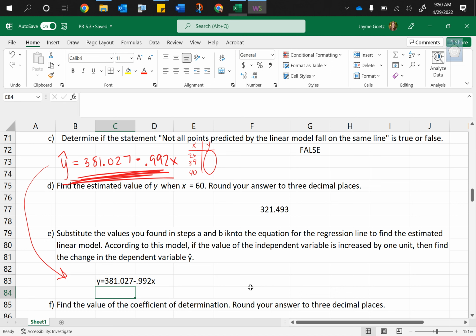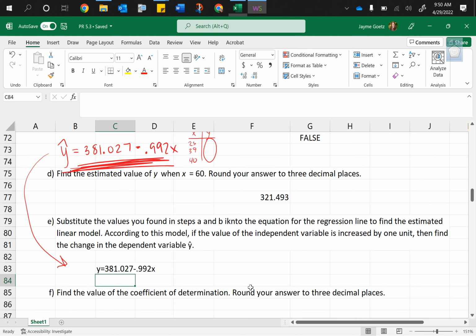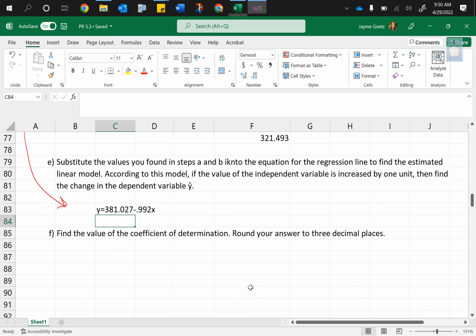The second part of this question is really interesting. It says, according to this model, if the value of the independent variable is increased by 1 unit, then find the change in the dependent variable, y hat. That is focusing primarily on the slope.